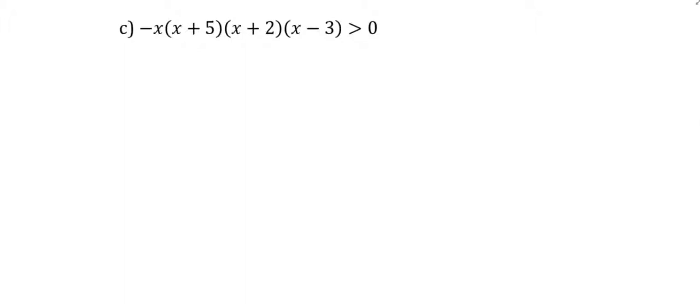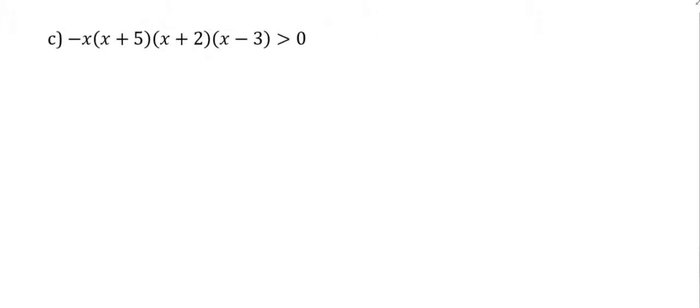Instead of drawing a full sketch, we just draw a number line. And I label what you could think of as the x-intercepts on the line. So I've got -5, -2, 0, and +3.